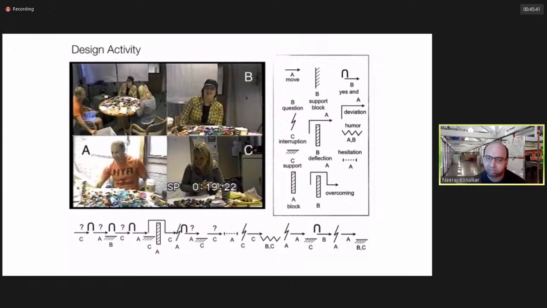So here, this team came up with this concept of a Lego sandbox, which was a concept for a toy. And the key thing to note here is that this concept was not developed by just one person. It actually came up through the conversation between the team members. What we're trying to do here is to understand what is the quality of this conversation, and what does a high quality conversation look like?